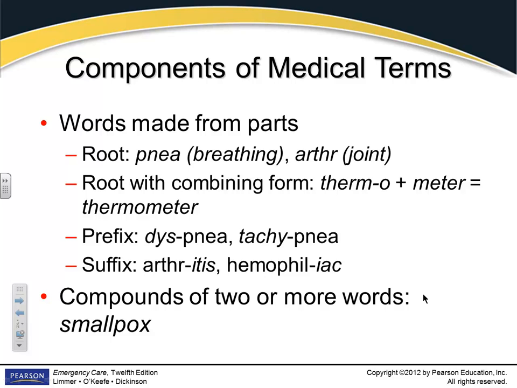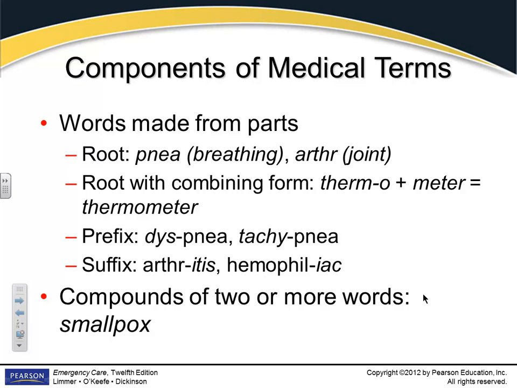A prefix is going to be something that comes before. So this root word right here, P-N-E-A, can you think of a word that you're all familiar with that has this root in it? Pneumonia? Certainly, pneumonia, which has to do with air or breathing. So if you add something like D-Y-S, the prefix DYS means difficult.